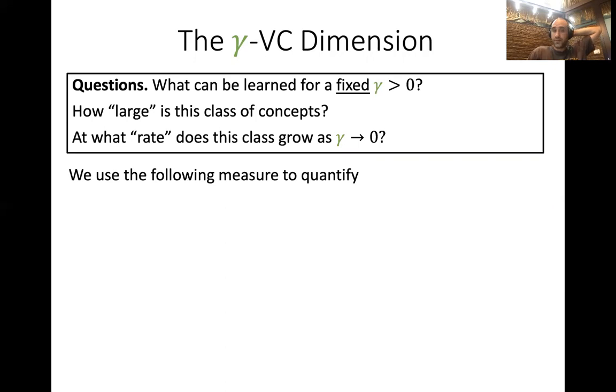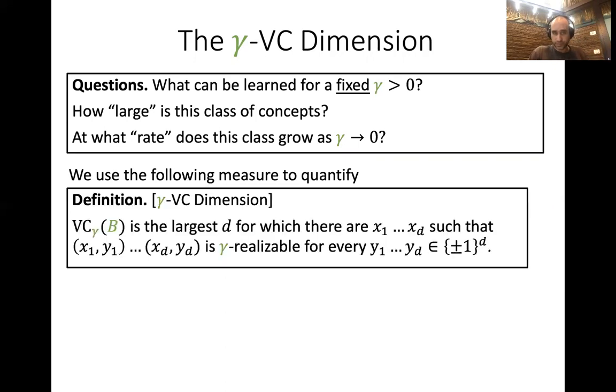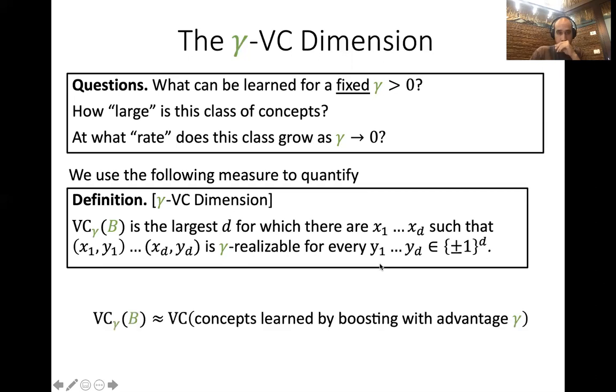So we define the following combinatorial measure to quantify the richness of this class, the gamma VC dimension. The gamma VC dimension is the largest integer d for which there are x1 up to xd, such that every binary pattern over the xi's is gamma realizable by the class. So this is basically the VC dimension of the concepts that one can learn by boosting with advantage gamma.